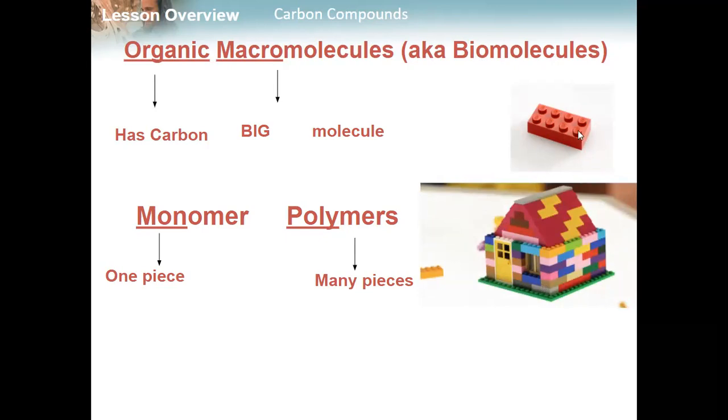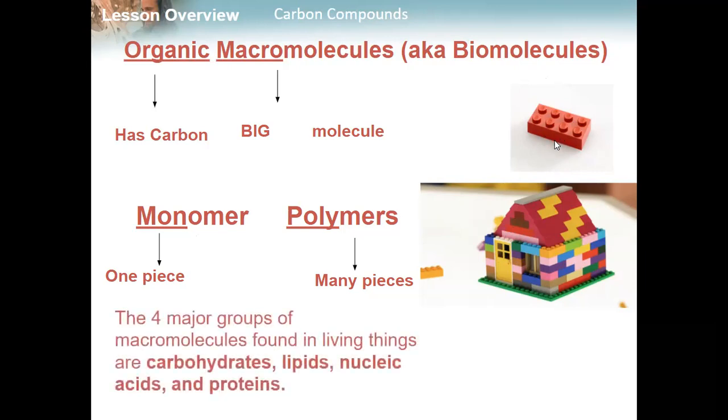This Lego piece would be like a monomer, just one single piece. You put them all together and it makes a polymer. Like I said, you can use the word macromolecule because that means pretty much the same thing, or biomolecule. So this house represents those three words, macromolecule, biomolecule, polymer, and they're made up of smaller pieces called monomers.